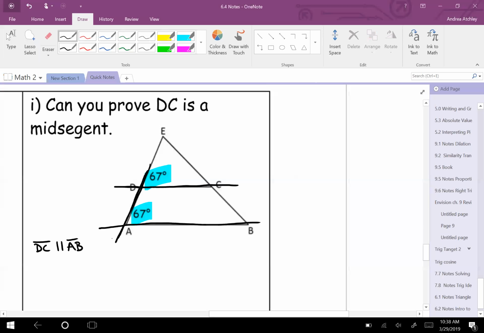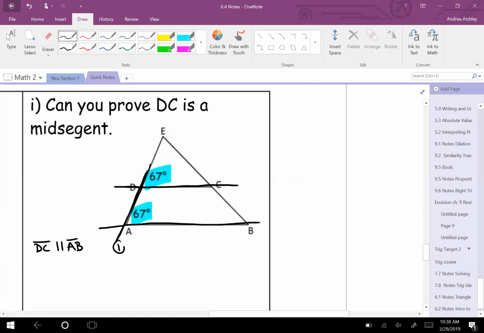What type of angles do we have there if we extend those? Corresponding, okay? They're in the same general location, on the same side of the transversal, both above the line. Here's the line, it's above it. Here's the line, it's above it.